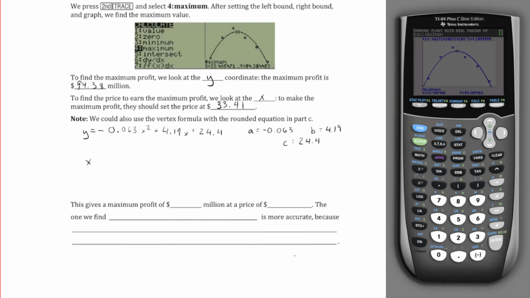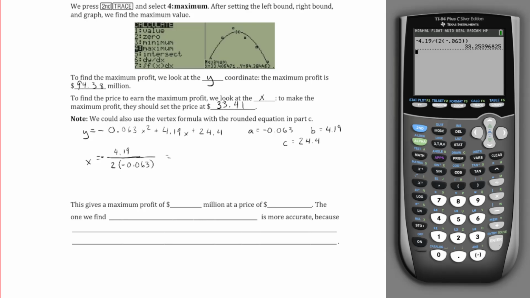And so the x-coordinate of our vertex is going to be negative 4.19 over 2 times negative 0.063. So negative 4.19 divided by 2 times negative 0.063.